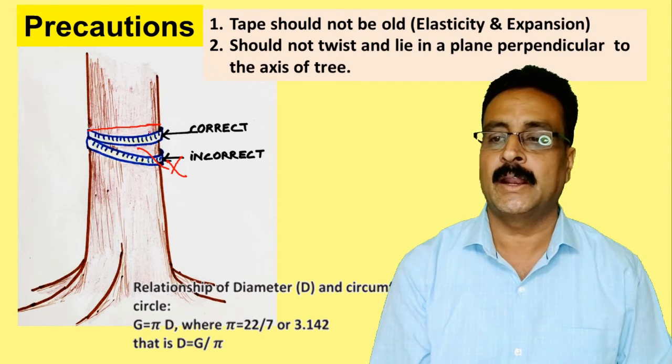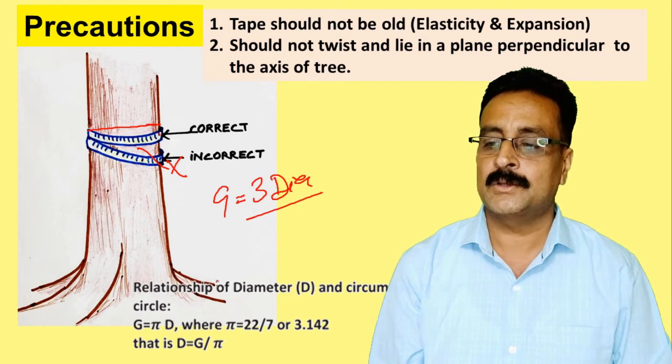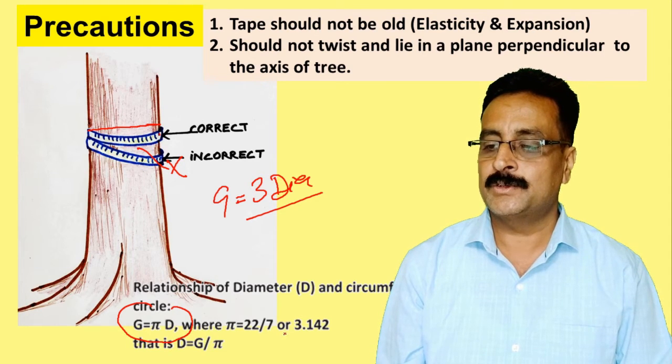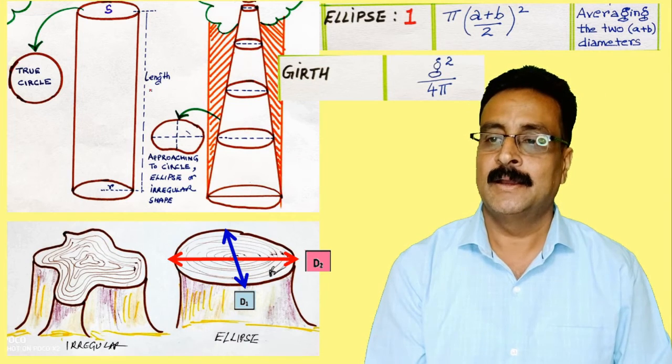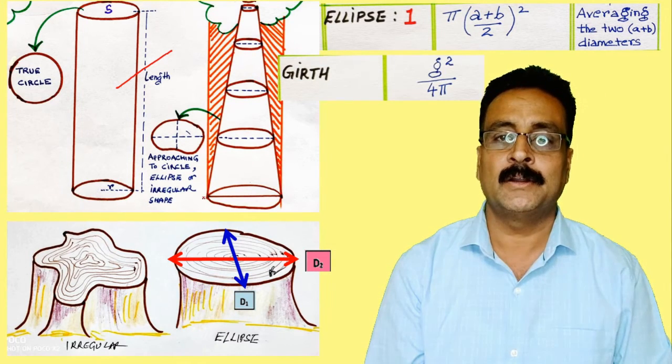This also we have to take care. Anyway, girth is approximately 3 times the diameter, because there is a relationship: g is equal to pi into d, which is 3.142. This assumes a cylinder, which is not possible because we have trees in a different form factor.